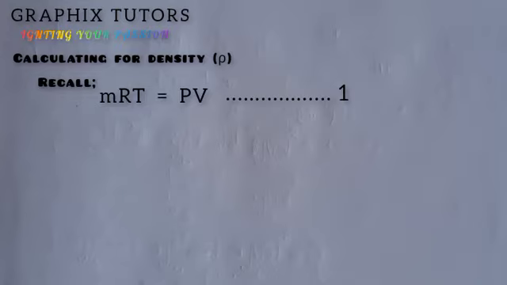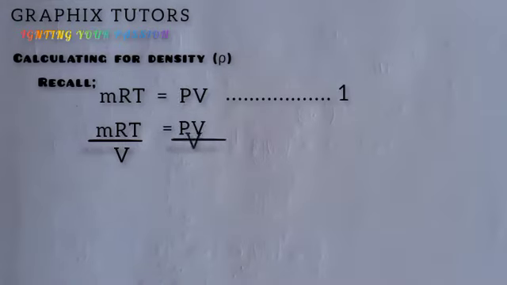Now, if you divide both sides of the equation, the right hand side and the left hand side, by the volume, you'll have the mass times R times T all over V on the left hand side, equal to the pressure times the volume over V. Now the V on the right hand side cancels, and we'll be left with the mass over the volume times R, which is the gas constant, times T, equal to what?